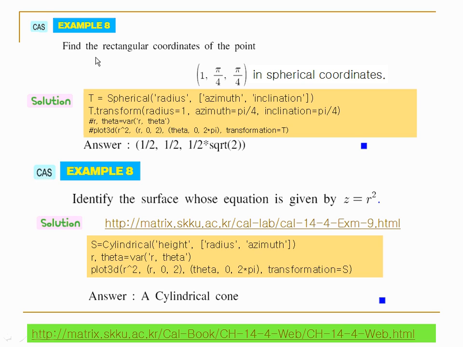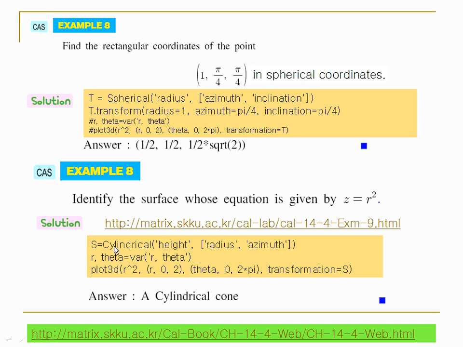And on the last page of this lecture, find the rectangular coordinate of the point of this one in spherical coordinates. So I gave a code like this. This command changes the spherical coordinate to the rectangular coordinate, and so here the answers can be obtained in this way.